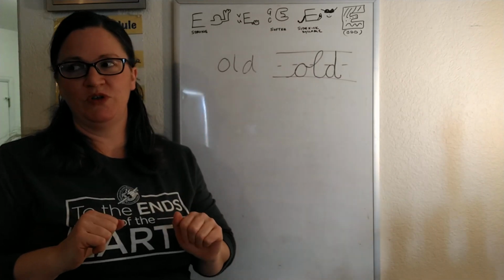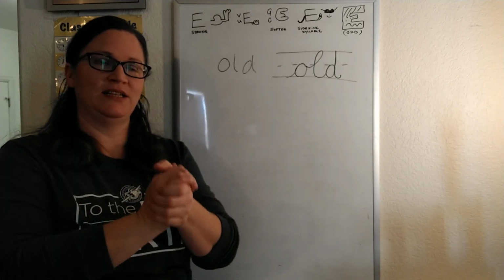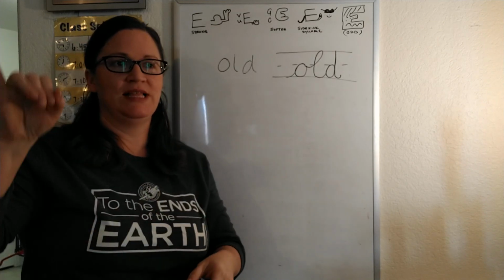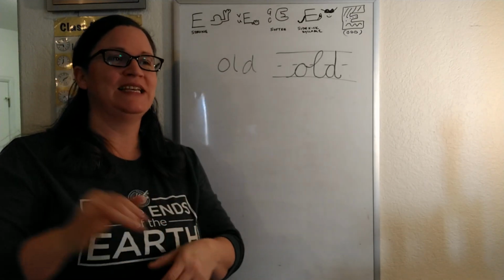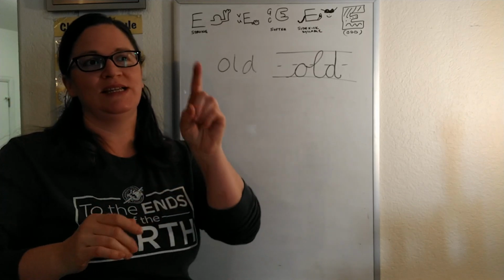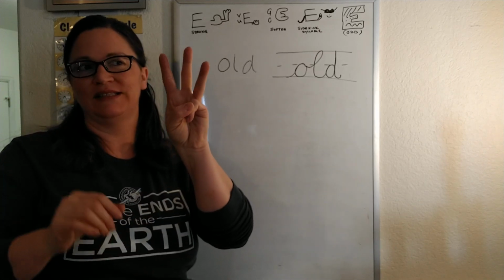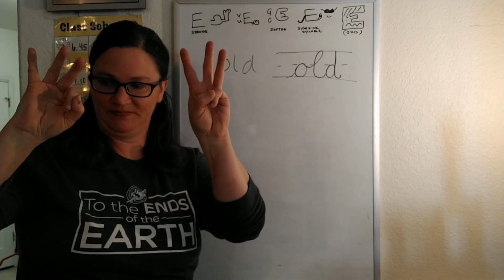Okay, so do it with me. Two-syllable word, little. First syllable, lit. Second syllable, tle. Okay, so you've got lit and tle.